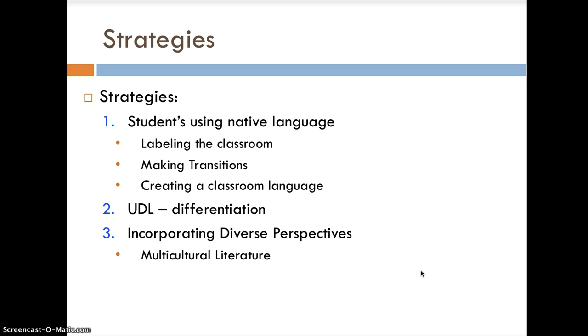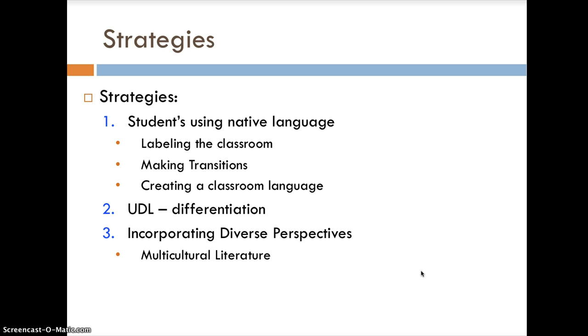Here are some strategies that I want to talk about for both of the teachers. One is students using native language. This is something the ESL teacher does very well, but there are some more ways that she can enhance that. Labeling the classroom: you could have an object in the classroom and label it in both the student's native language and in English.